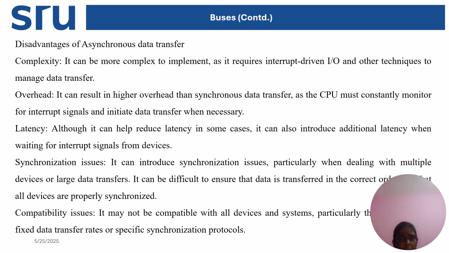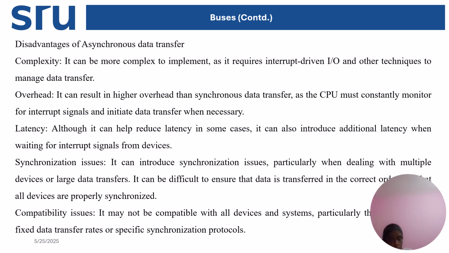Then compatibility issues. It may not be compatible with all devices and systems. So system means CPU, all CPU. Each and every I/O device is slow, okay. But if it is a defined speed, then every problem will be solved easily. But every device will have its own speed, so it is not uniform.